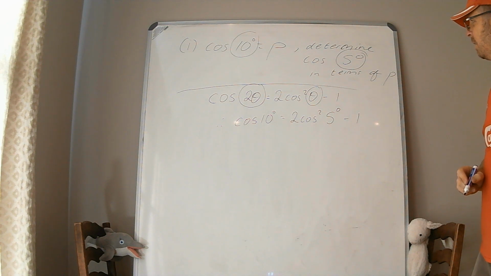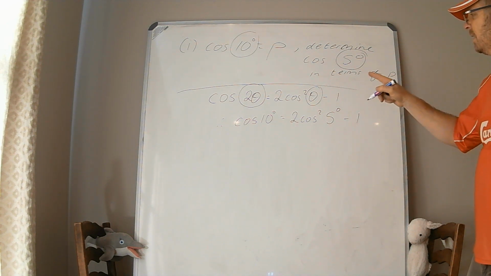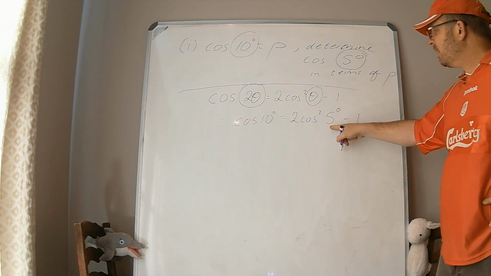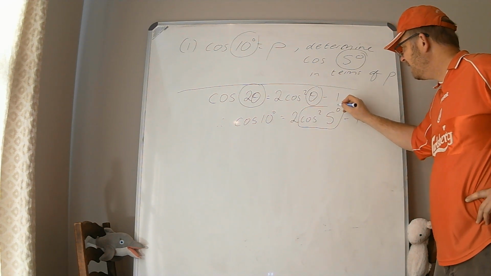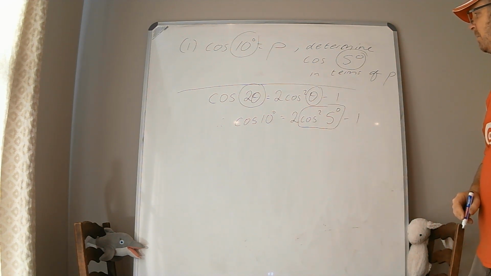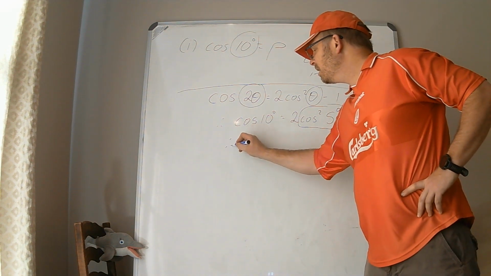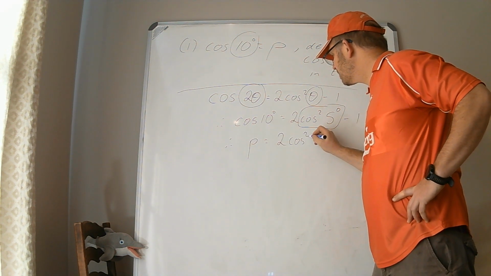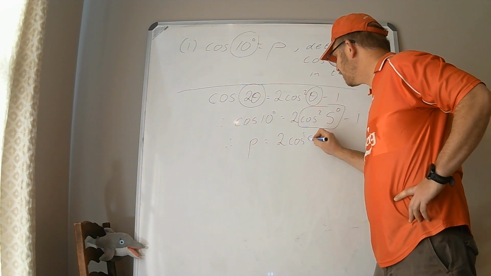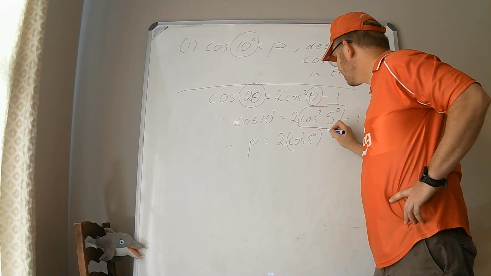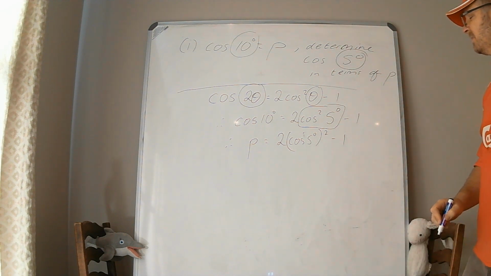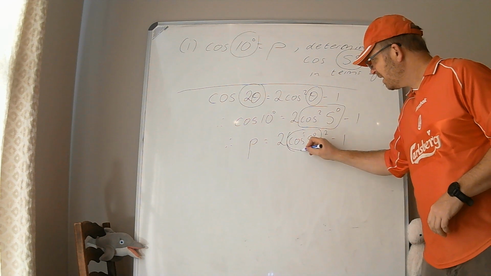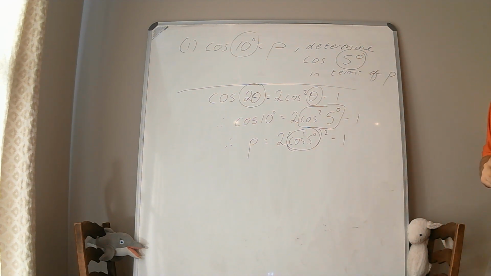Okay, and now we've got to go work out cos 5. We've got to isolate cos 5 and express it in terms of P, because we know that cos of 10 is P. And cos squared 5, remember, means cos of 5 degrees all squared. Okay, so go isolate cos of 5, and then you've expressed cos 5 in terms of P.